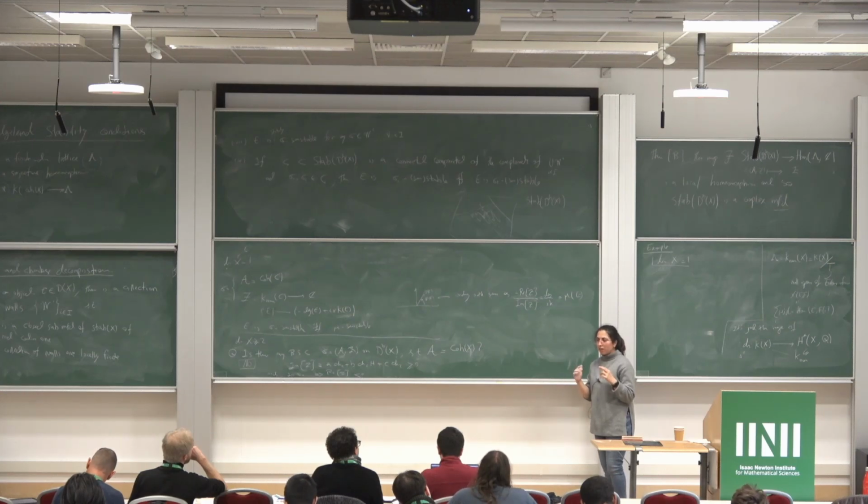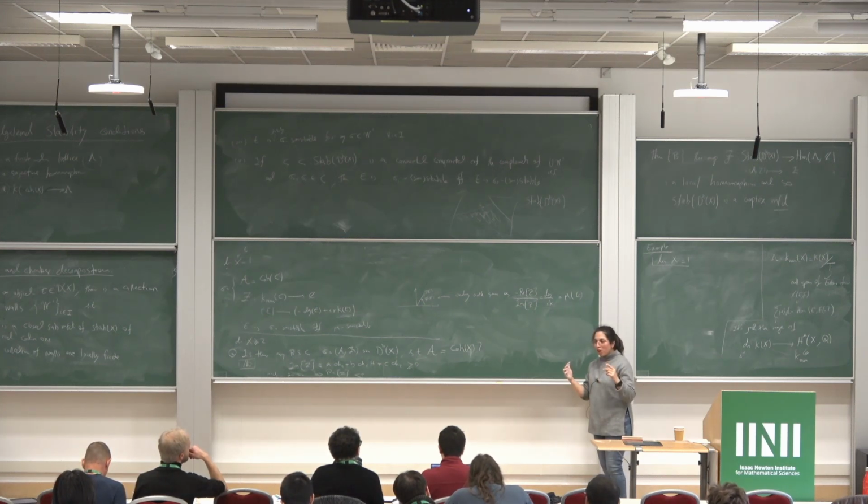It changes the heart via a tilt, but the stability of objects is not changing. So there's only one stability condition after this GL action.